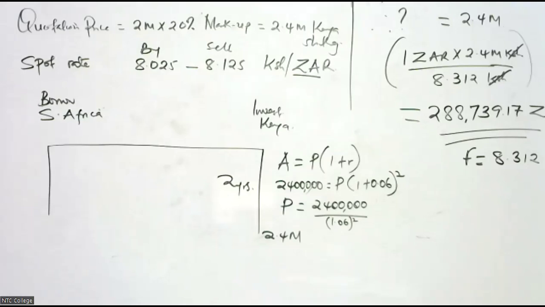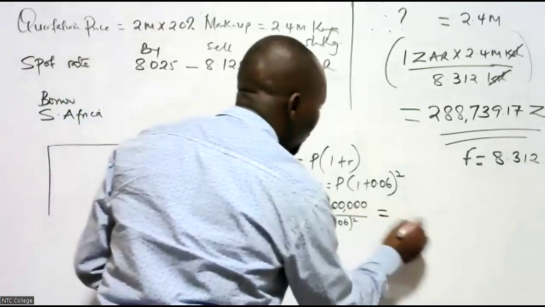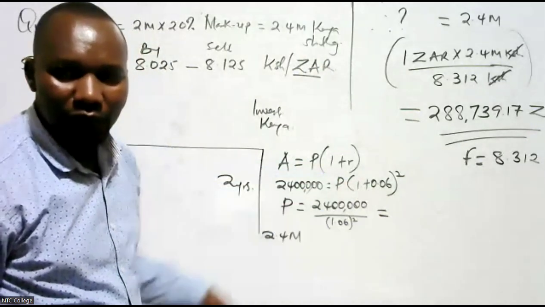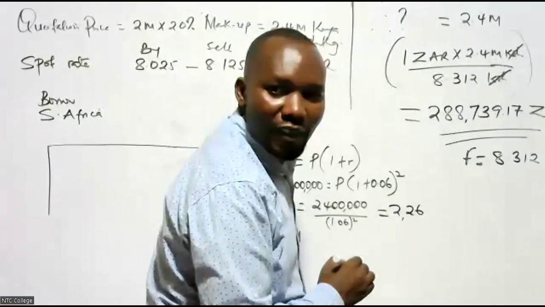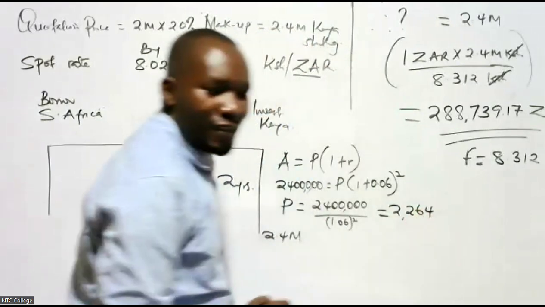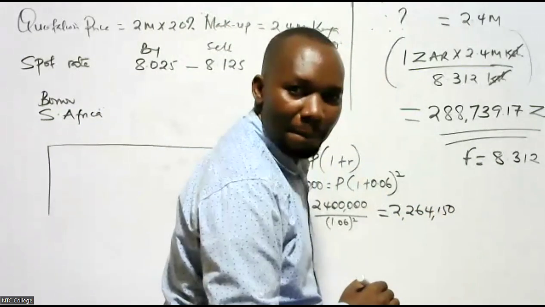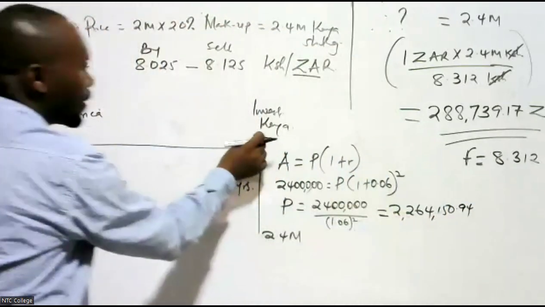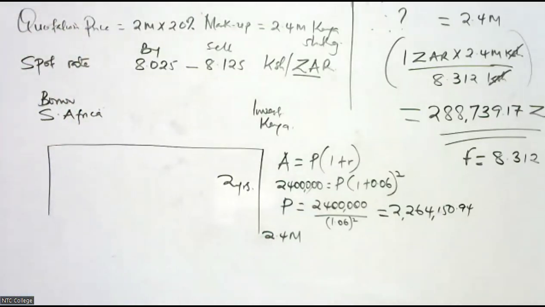Yaani Keboy asha calculate. Yeah, amepata tayari. Anasema P is equal to. Keboy, have you confirmed that I'm right here? Is it correct? As much as you are calculating. Najua nyinyi ndio mlifanya hizi vitu juzi tu. I did this in 2014, 2015 huko. So this is the amount that you need to invest today in Kenya so that in 2 years time you can get 2.4 million. Kindly confirm that Keboy is right.